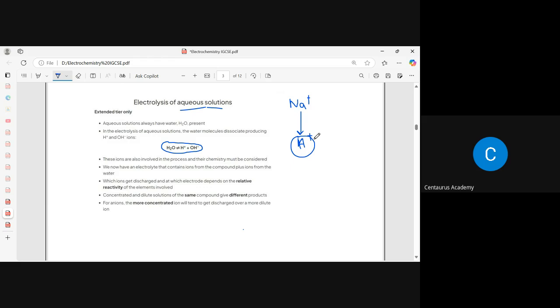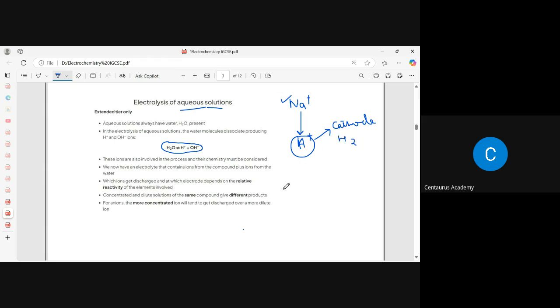The less reactive one has the greater tendency to be deposited onto the cathode. Since cations are attracted towards the cathode, hydrogen will be attracted towards the cathode. It has greater tendency to be deposited onto the cathode because of its lower reactivity. The more reactive element stays within the solution. Okay, so sodium stays within the solution, and hydrogen deposits onto the cathode as hydrogen gas.